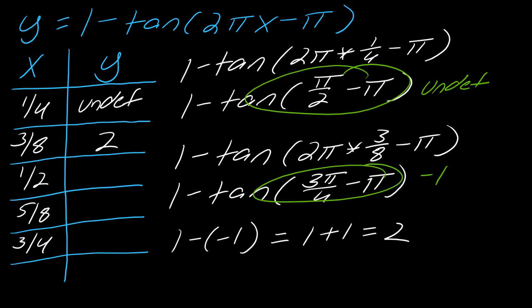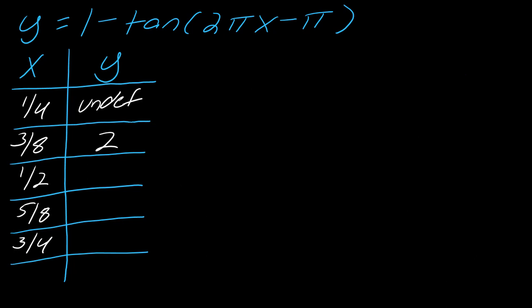Okay, so let me clear some space. If I plug 1/2 into this, the 2's will drop out, so I'm just left with pi minus pi, and I know that tangent of 0 will just give me 0, so this just equals 1.